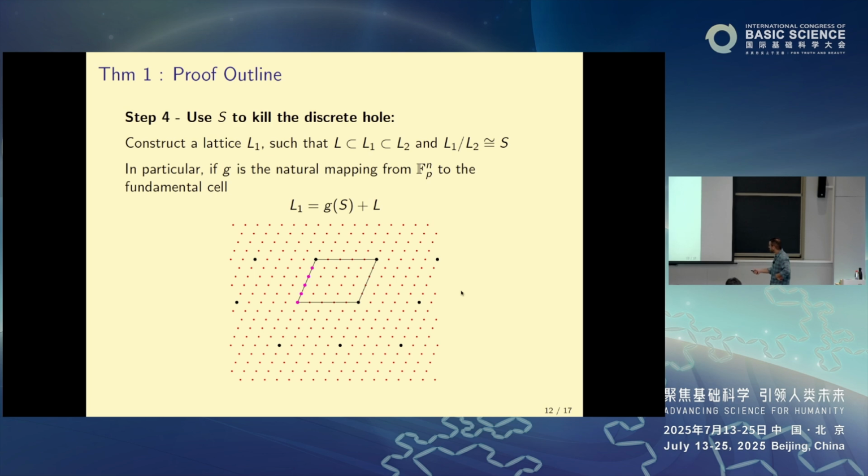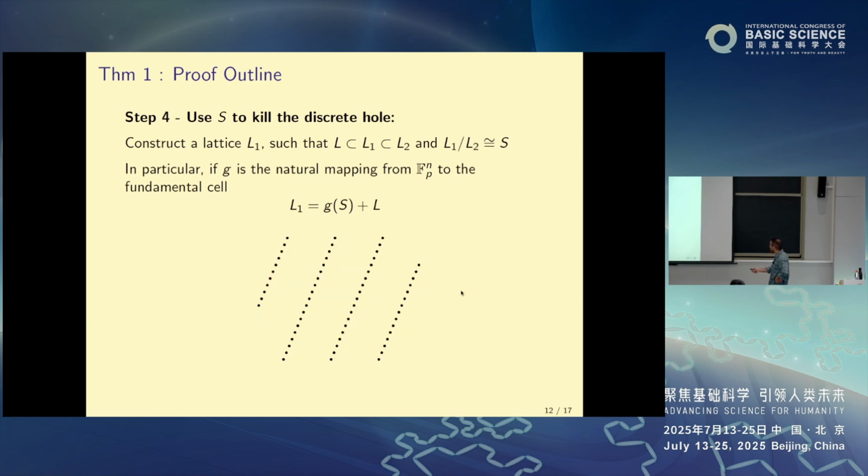So this is our subspace, right? Now we embed it again in Rn, or inside the points of L2. And then we take this line, these 5 points, and we copy it around each lattice point, right? So we will copy it again and again, and we will get this new lattice.